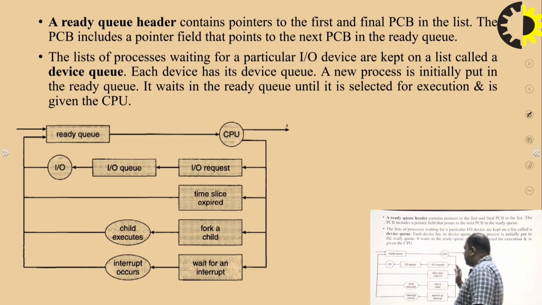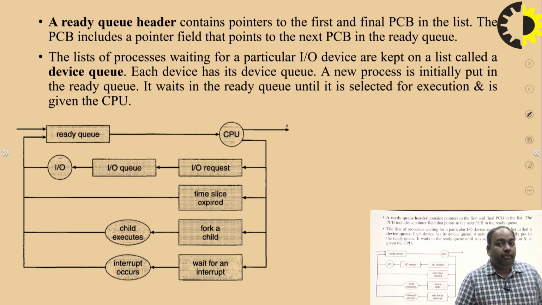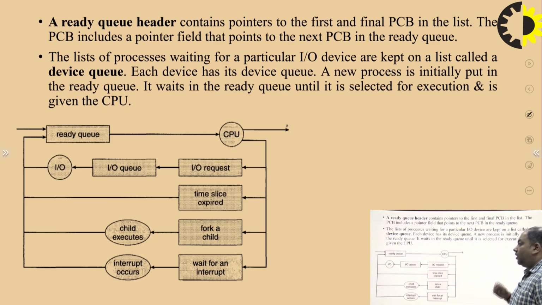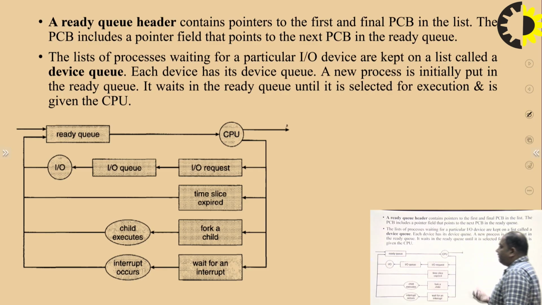Then comes the input output request or time slice expiry. When the time slice expires, meaning the time given to any process for execution is over, then that process goes into the waiting state, and from the waiting state it again comes into the ready queue, and then it executes.